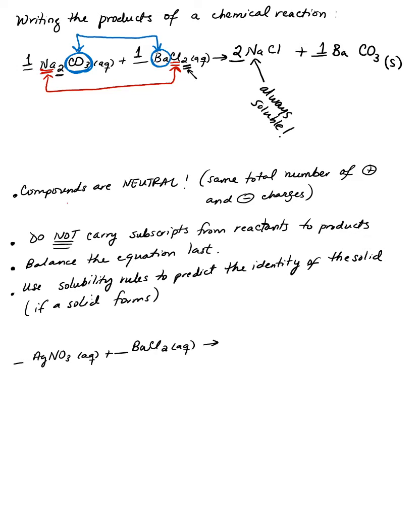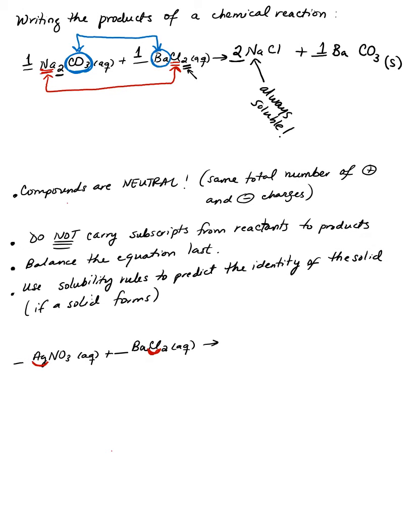So you have silver nitrate and barium chloride. Changing the ions: silver is the positive one, nitrate is negative, barium is positive, Cl is negative. So I'm going to do my Ag with the Cl.